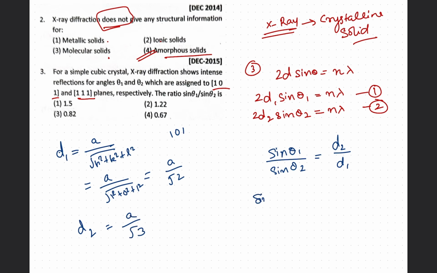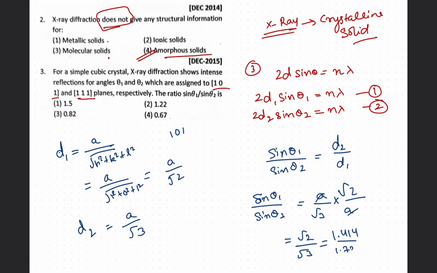So evaluating sin theta 1 upon sin theta 2, d2 is a by root 3, d1 is a by root 2. So it's 1.414 over 1.732, and when we take the ratio it comes to 0.82. So the correct answer will be 3.